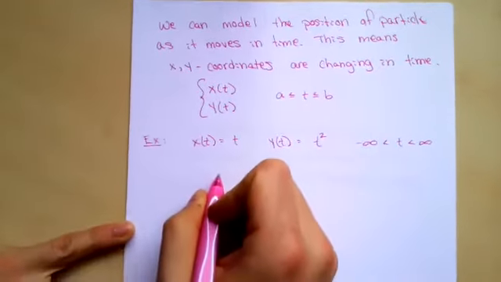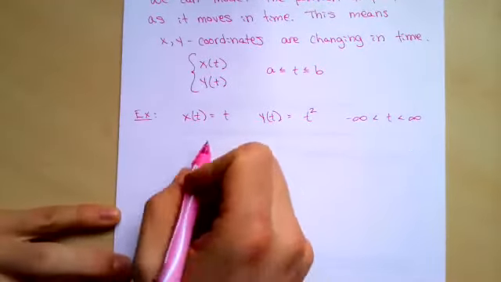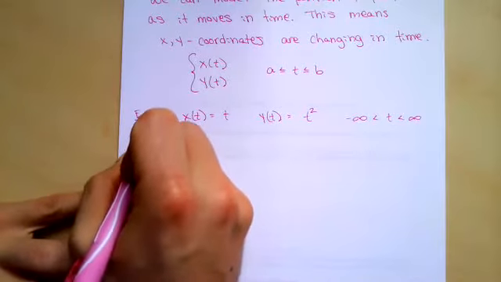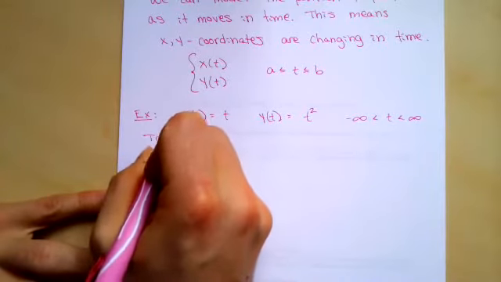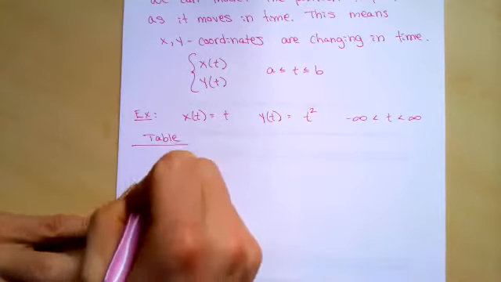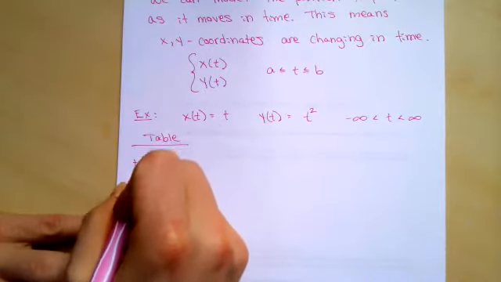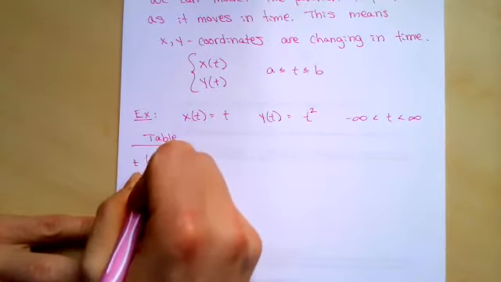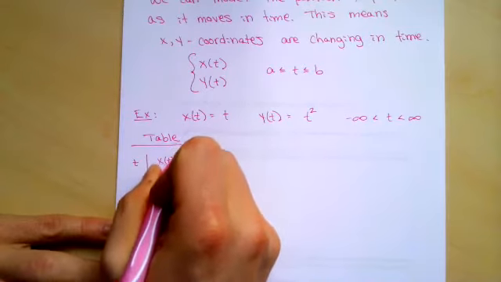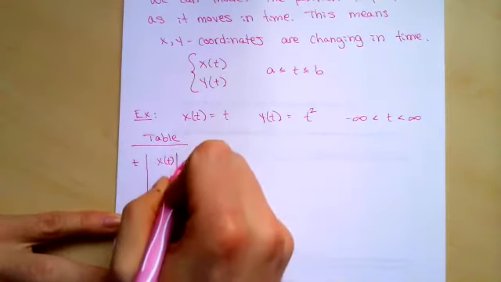One way we could always do, as we've done with any plots, is make a table. So let's plot our t, our x position, and our y position.